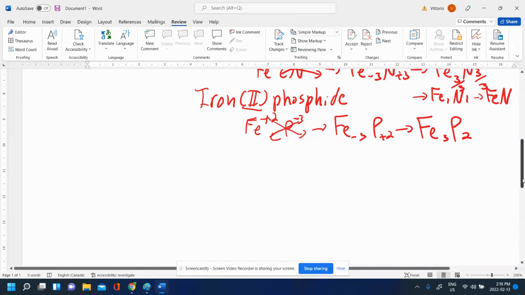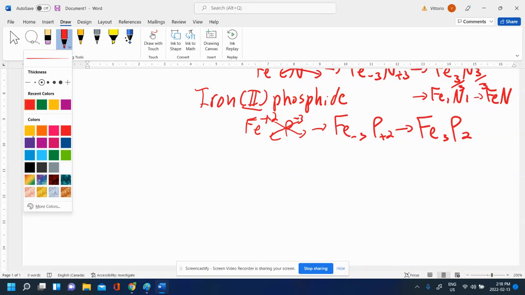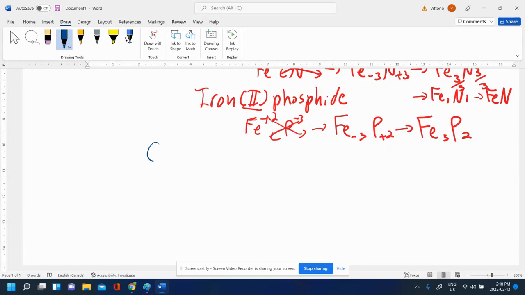The rules still apply the same way for the multivalent elements, or the ternary ionic compounds with polyatomic ions. So for example, if I had copper(II) carbonate, I would do the exact same setup, except I know the charge of copper without looking at the periodic table, it's 2.